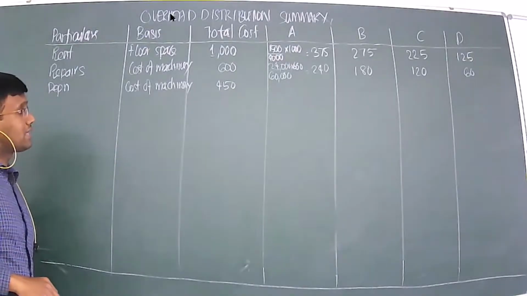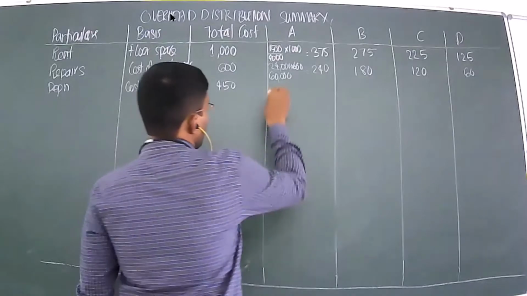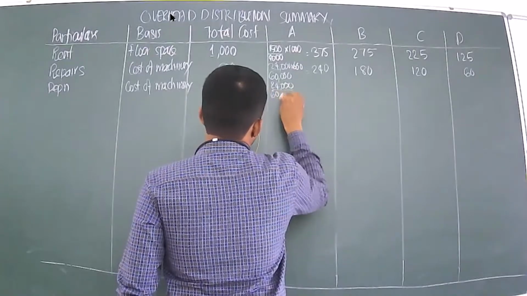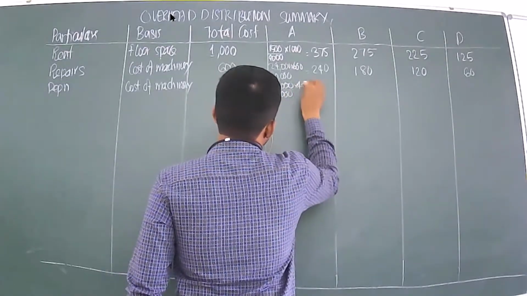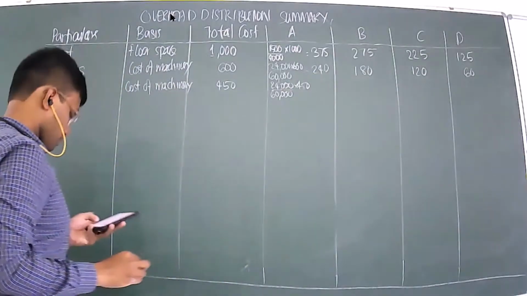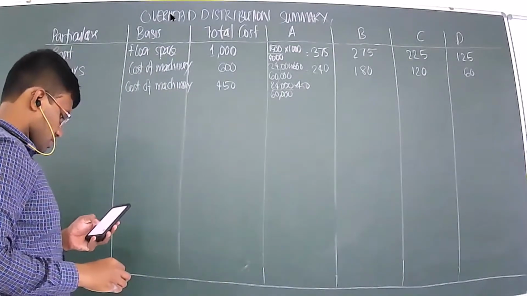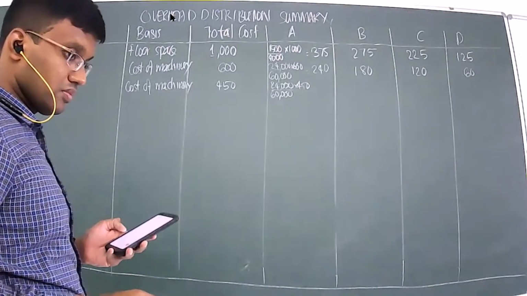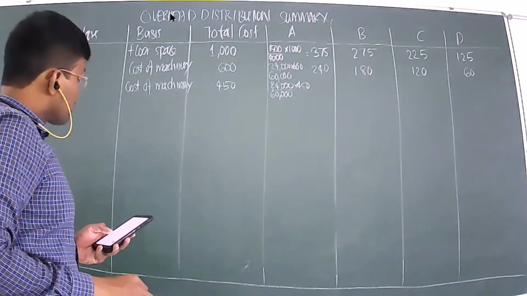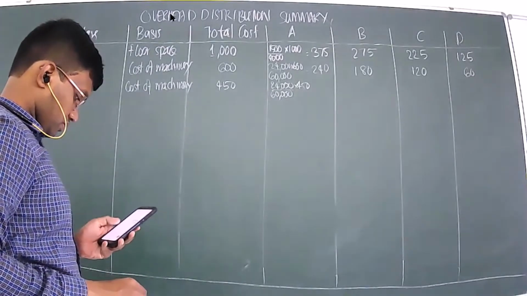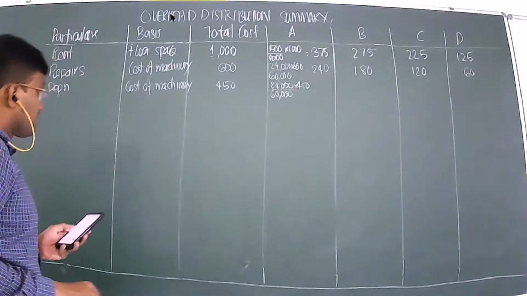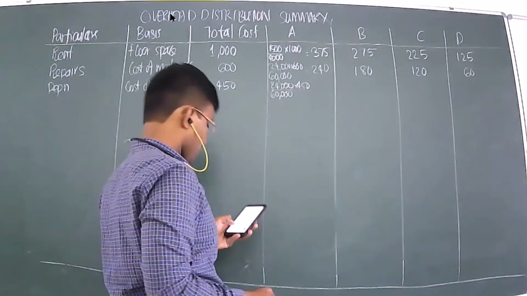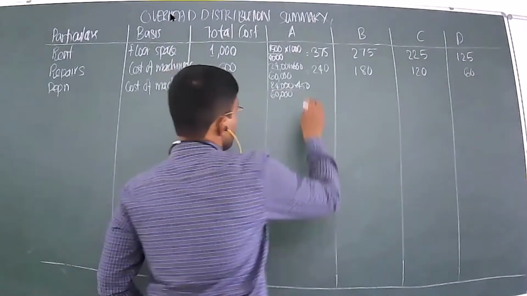So let's add this up: 24,000 divided by 60,000 into 450. Let's calculate this: 24,000 into 450 divided by 60,000. This is 180.